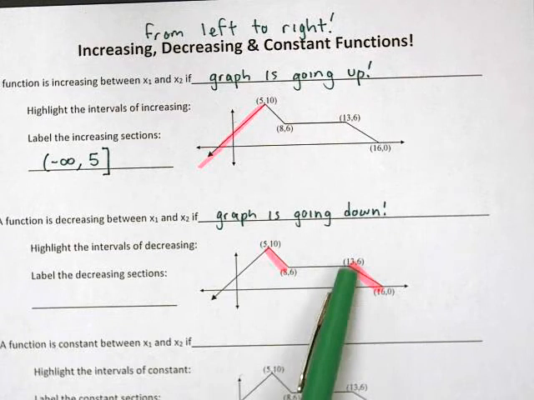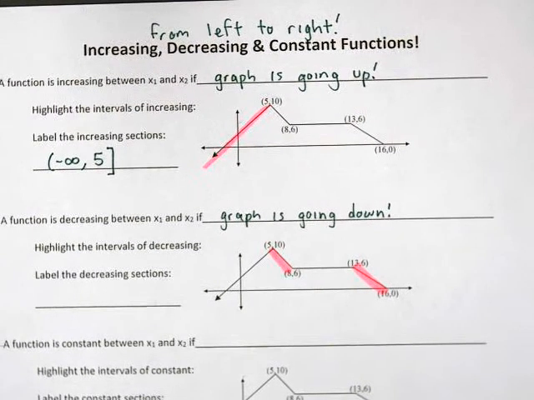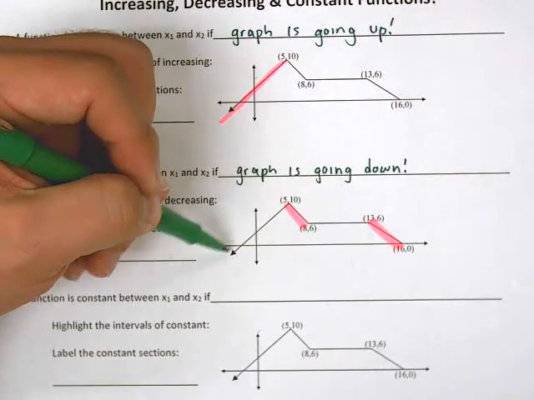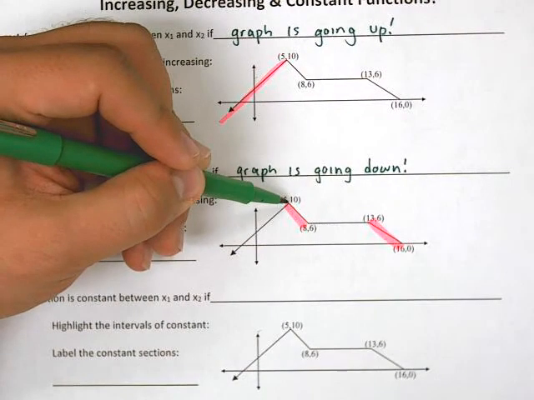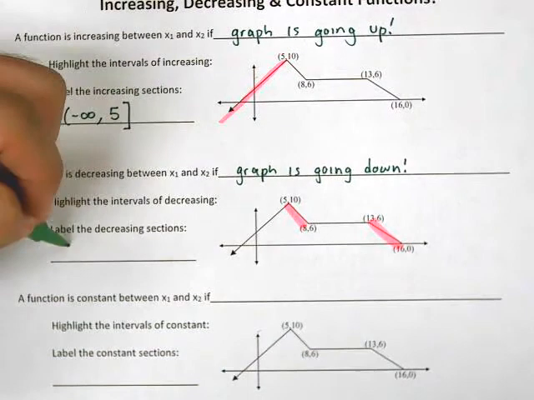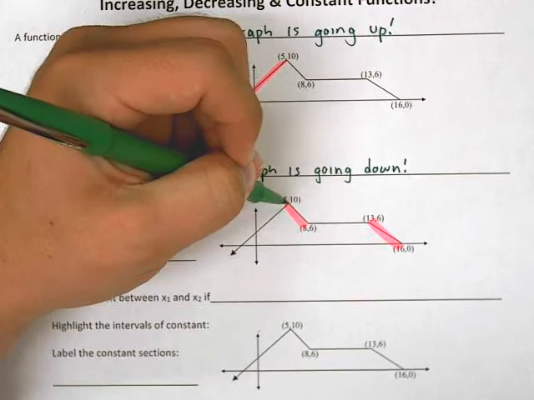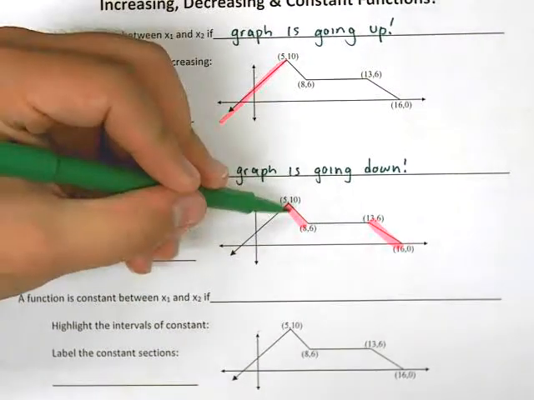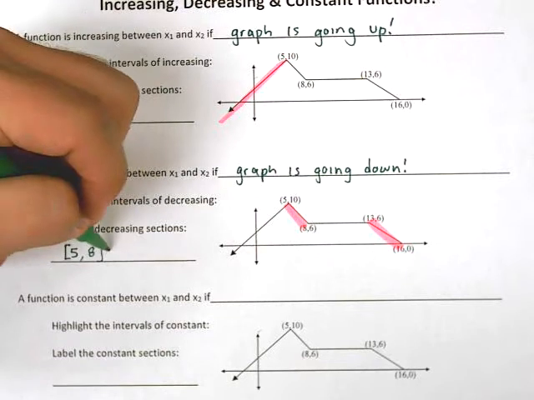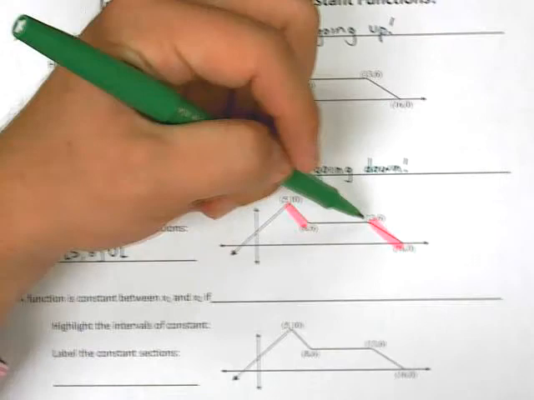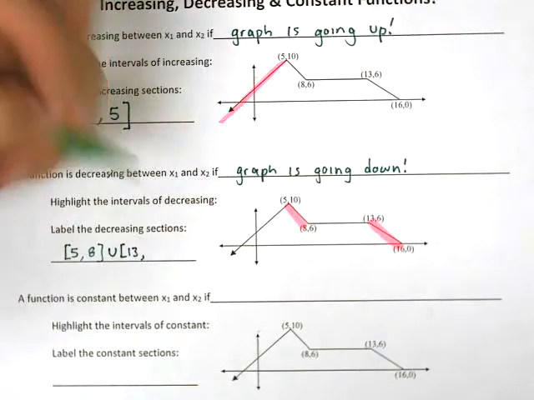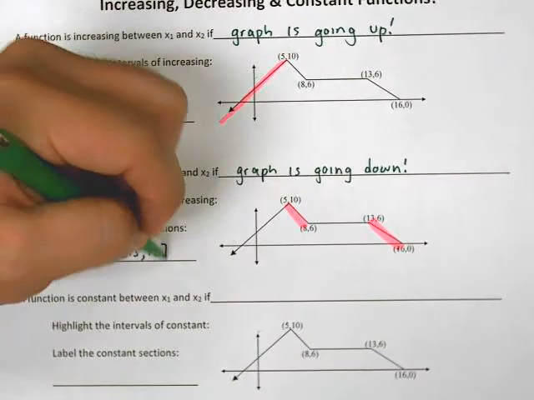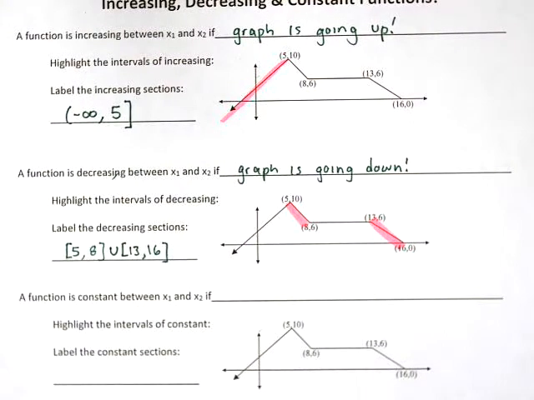I care about the x values, and I'm going to write that using interval notation. So I start here at 5, right? This is going up, up, up. I don't care about it yet, or at least for this question I don't. I start at 5, and then I go to 8. Is that it? No. I have a whole other section that I have to describe. So I union it with, and this one's picking up at 13, and it's going to an x value of 16, and I close.